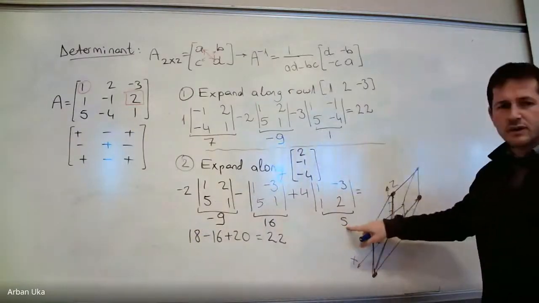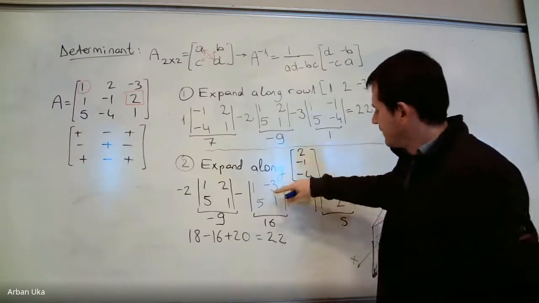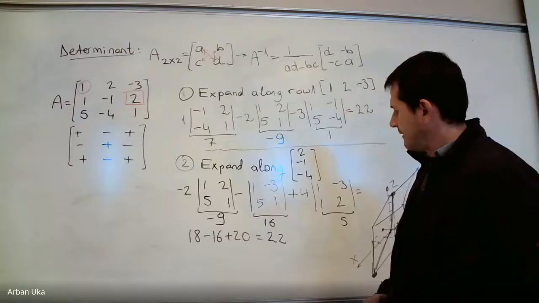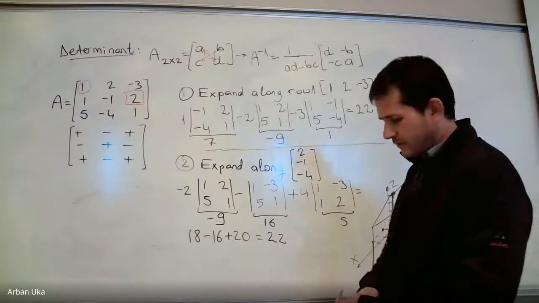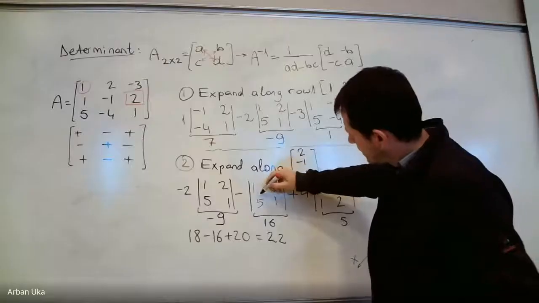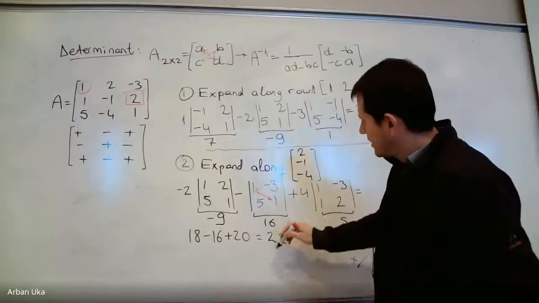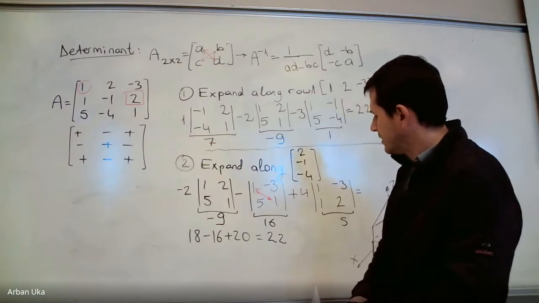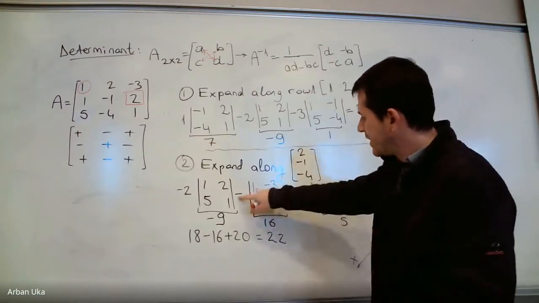Are you asking about this one? No, the middle one. Here, minus 3 times 5 is minus 15, and the minus before it, from the minus 1, it's minus, so it should be plus. Yes, this is plus 16, but there is this minus here.